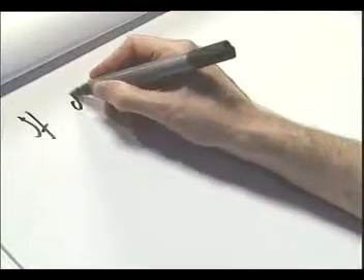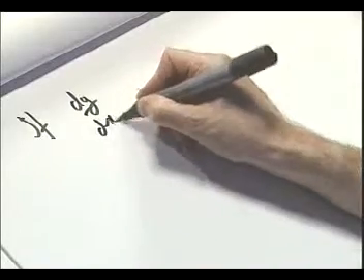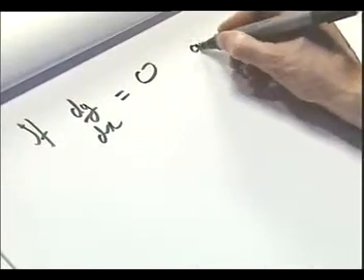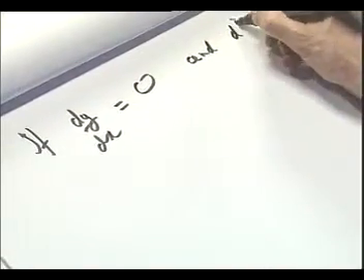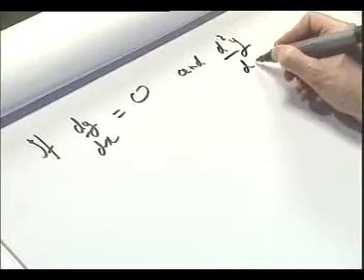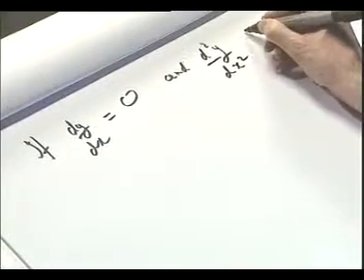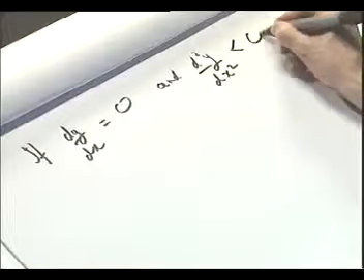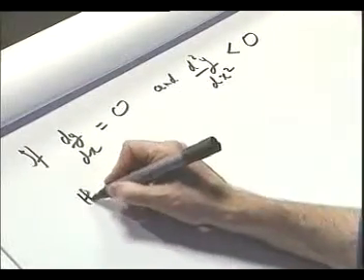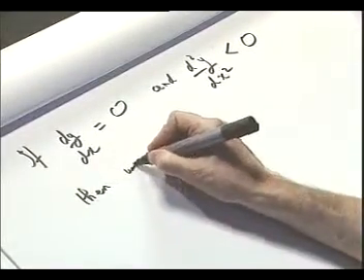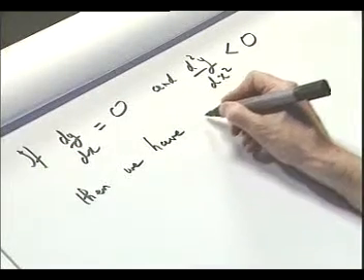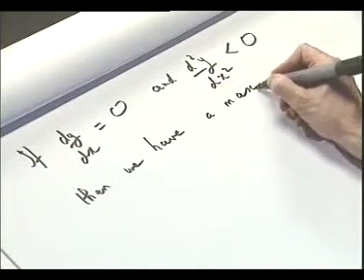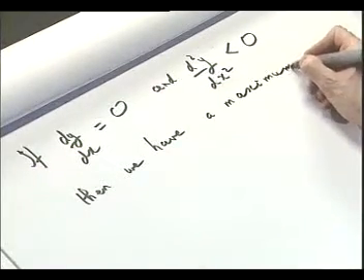So let's just write down again what we've got. If dy by dx equals 0 and d2y by dx squared is less than 0, then we have a maximum point.